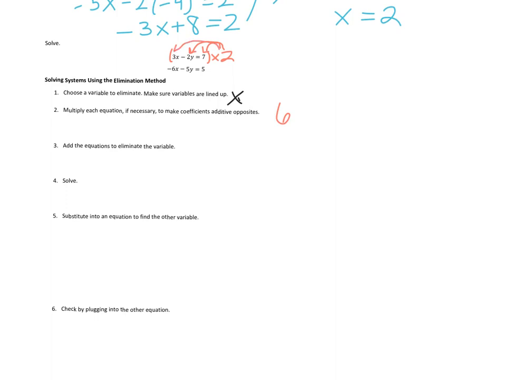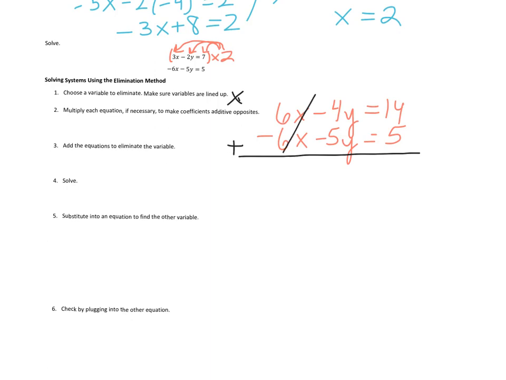So we have to multiply by 2 three times. All right, then we add up our equations as before. By design, one variable is going to go away.